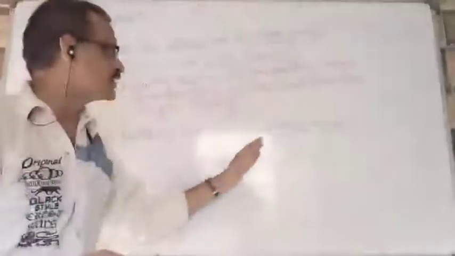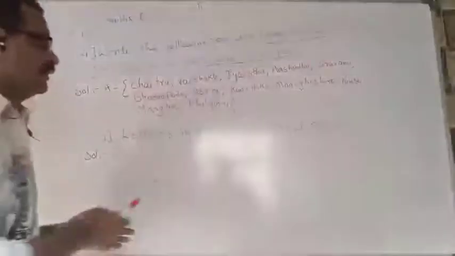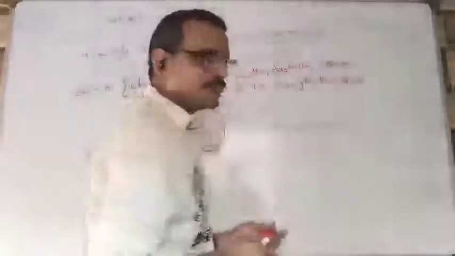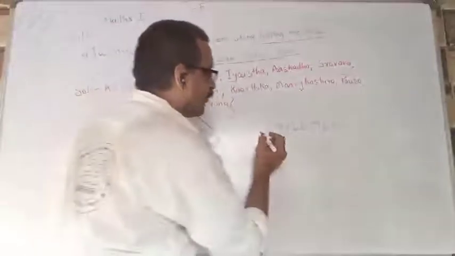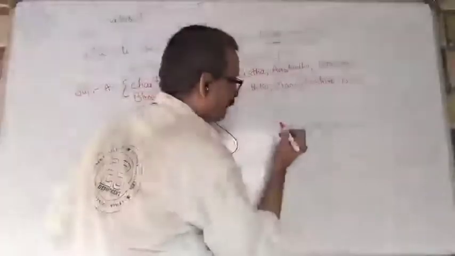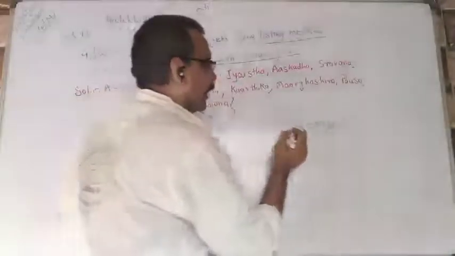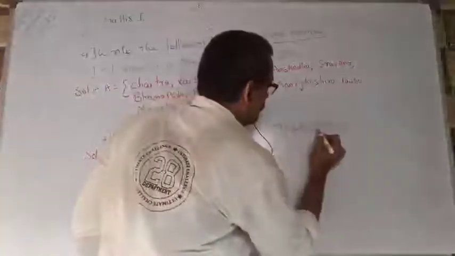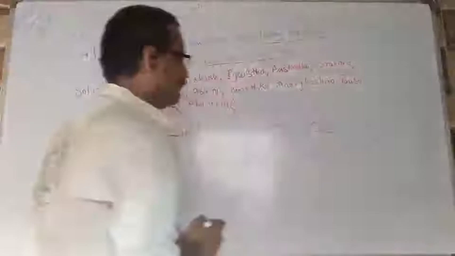Now our second question is letters in the word complement. What is the meaning of complement? We have a word with many same alphabets. M is coming 2 times, E coming 2 times.